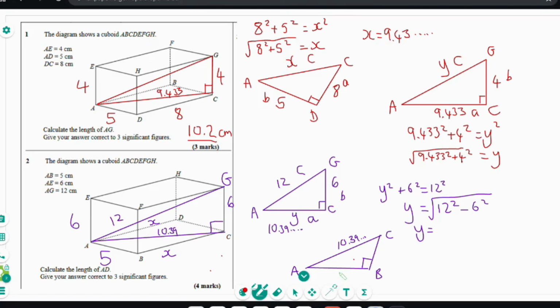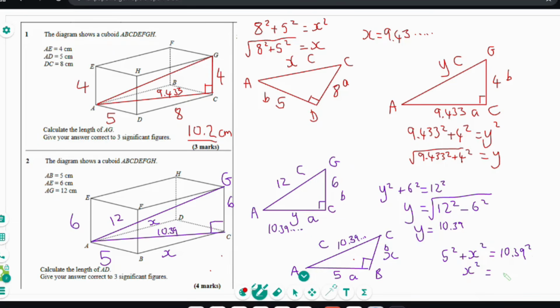AB is 5, BC is X. So we've got our hypotenuse, A and B are shorter lengths. So A squared plus B squared is equal to 10.39 squared.